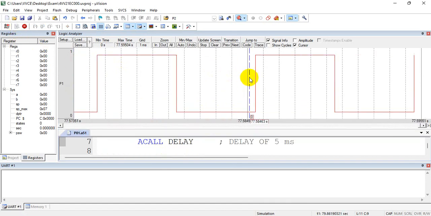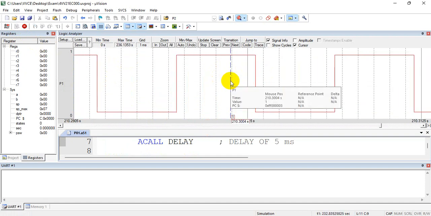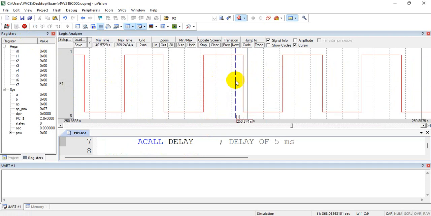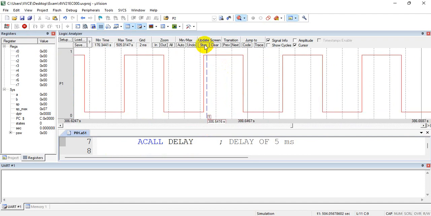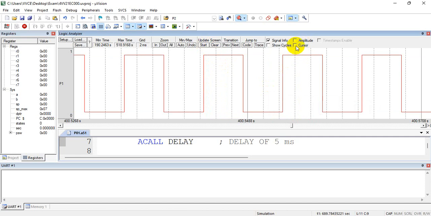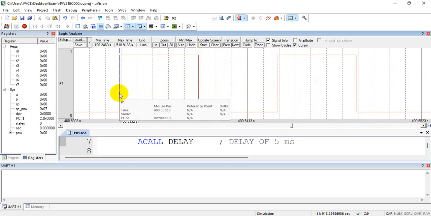You can see we are getting a square waveform, but we don't know what the time period is. You can scroll your mouse button to increase or decrease the time scale. What you should do is first stop this. Then this cursor will be unselected. You select this cursor, and I want the time period for 1 cycle. So this is the rise time.